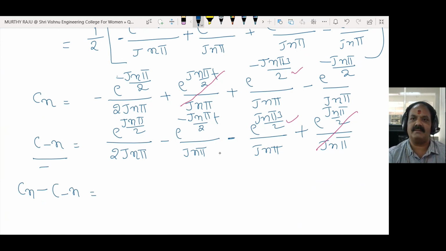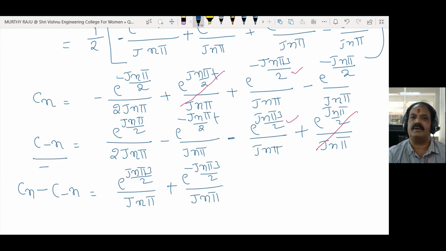Here minus sign, minus into minus plus, e power j n pi 3 by 2 by j n pi. Here minus n, plus is plus, same as there: e power minus j n pi 3 by 2 j n pi. These two are completed.